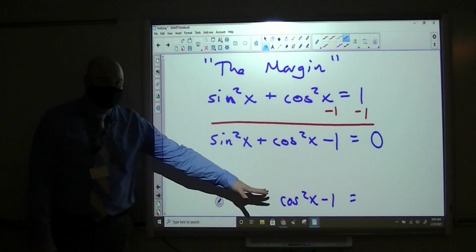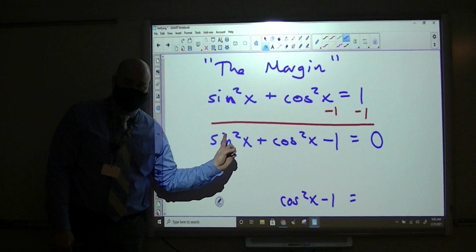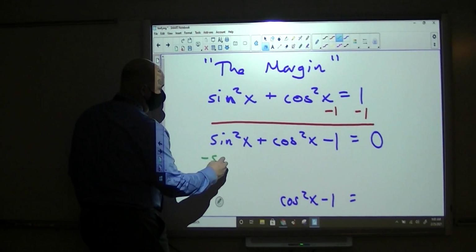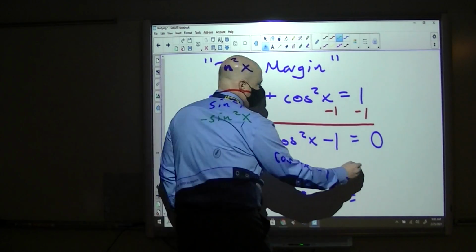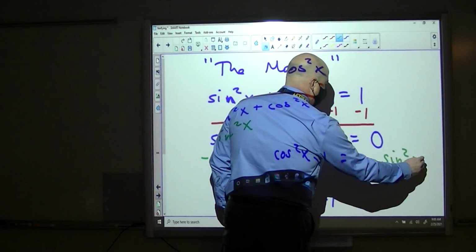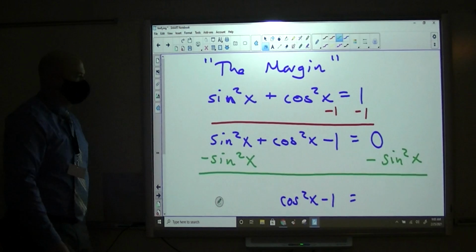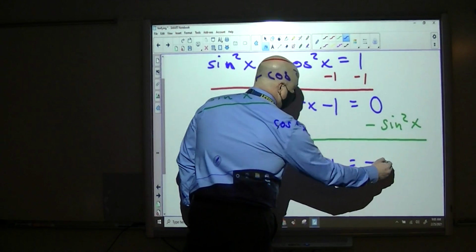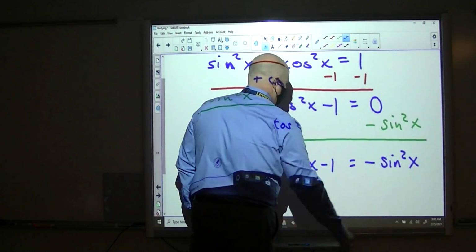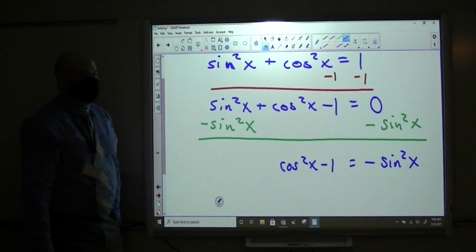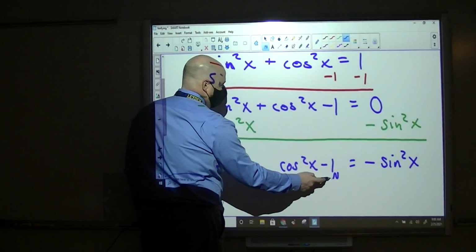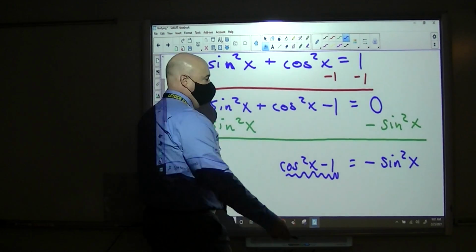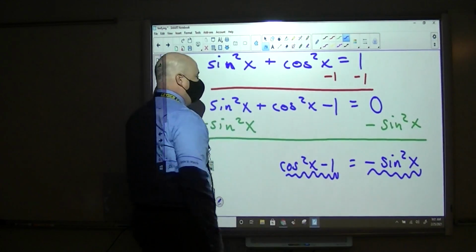And if I want just that, that can't be there. So we subtract that to the other side. And 0 minus sine squared x is negative sine squared x. So this statement, which is in the problem that we're doing, is going to get replaced with that.